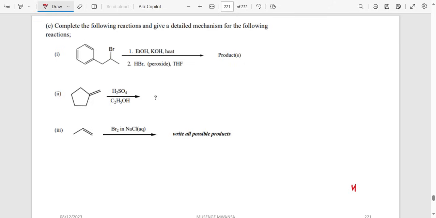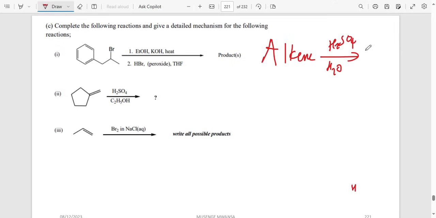Okay, let's look at 2. Now 2, we are reacting sulfuric acid with ethanol. That's C2. Something that you need to take note of about this one: every time you have an alkene, this is called acid catalyzed hydration. You are going to use an acid, you are going to use water.